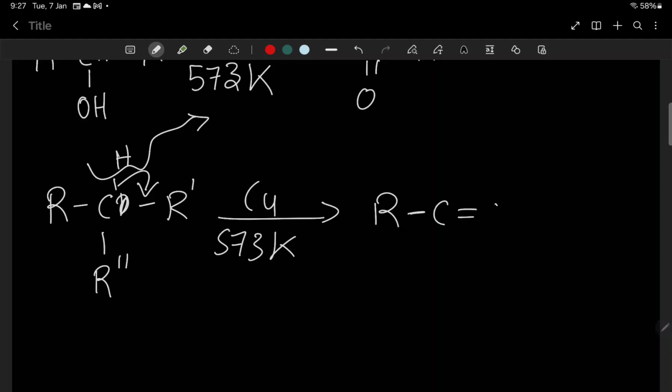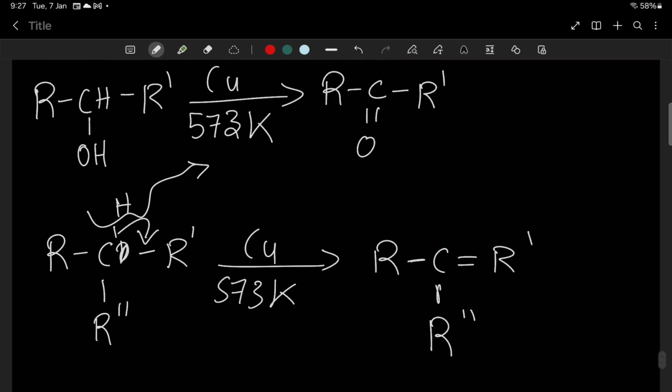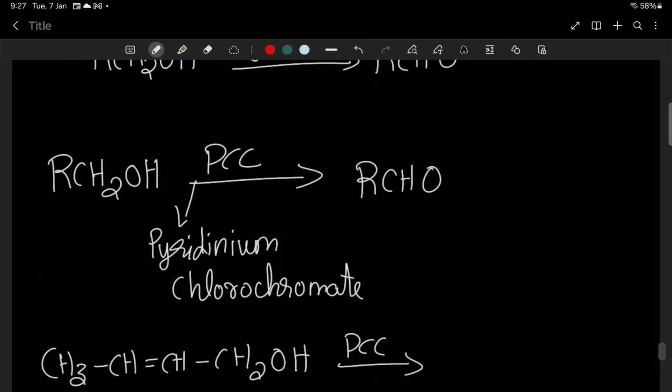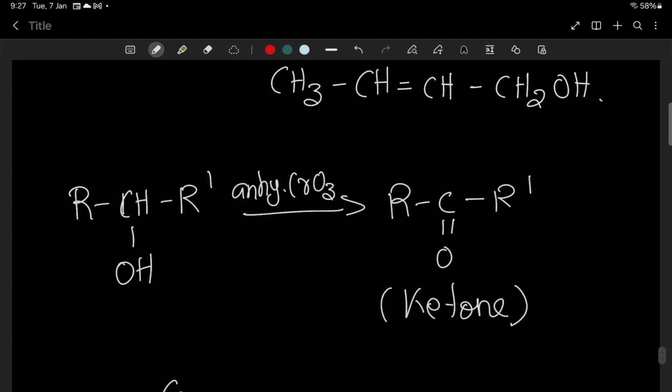They can ask you, the double bond will be formed as per the rule. So this is the case of tertiary alcohols.